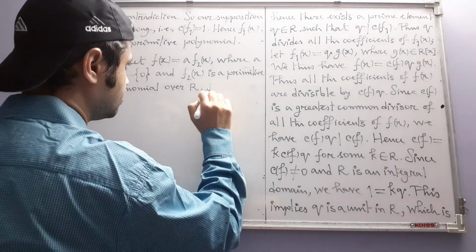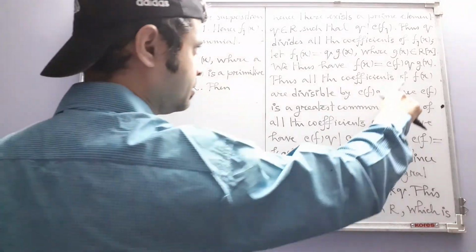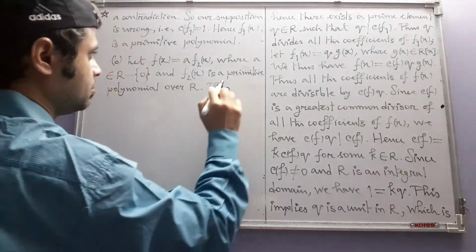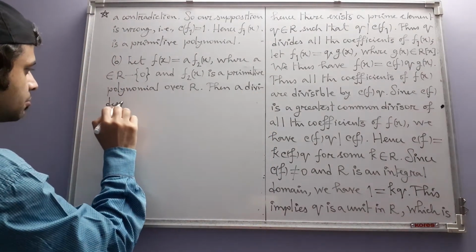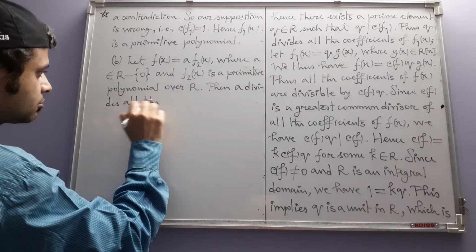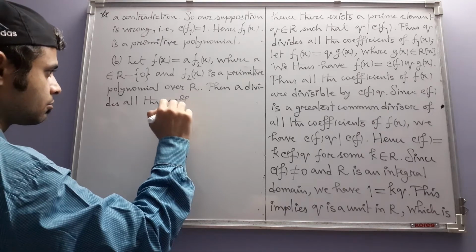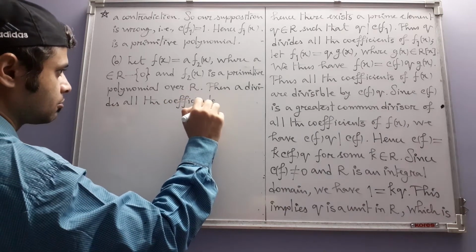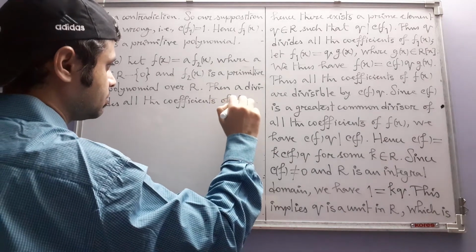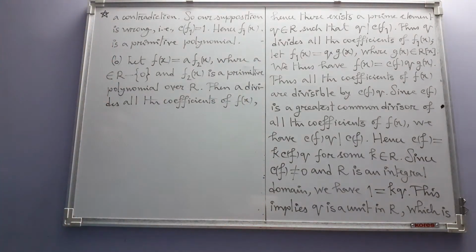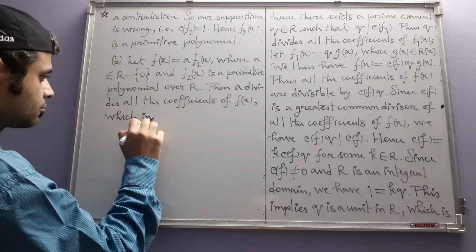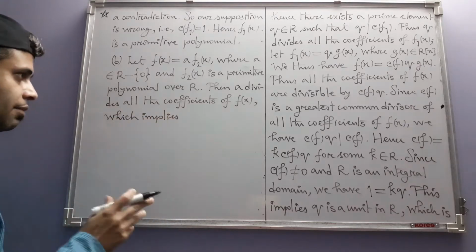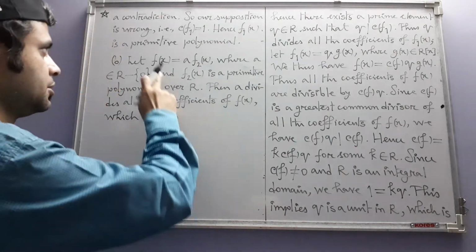Okay, then just like this step, A divides all the coefficients of f(x), which we can see from this equation, which implies A will divide their greatest common divisor, which is the content of f.